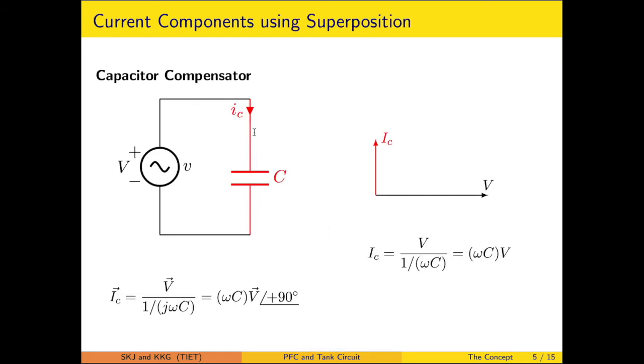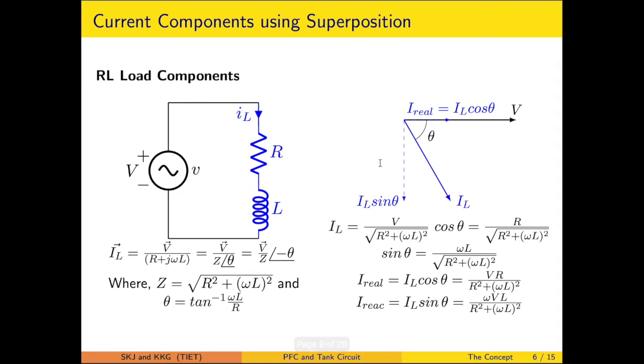So this is the capacitor only, and this particular current we have calculated when we discussed the AC series circuits. So IC is coming out to be leading by 90 degrees to the voltage. This particular one is a series RL circuit.